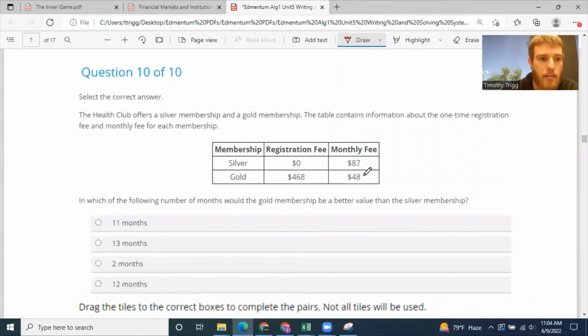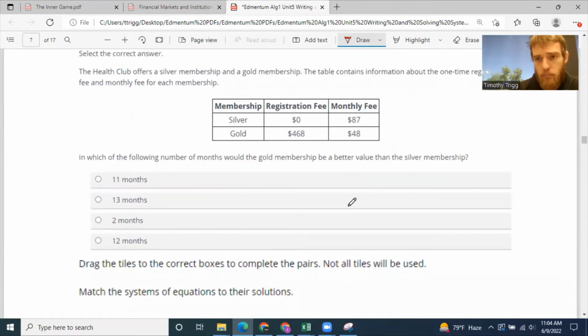Last question on the practice. The health club offers a silver membership and a gold membership. The table contains information about the one-time registration fee and monthly fee for each membership. Going to this information here, the silver membership has a 0 registration fee, you don't have to pay any registration, but it still has a monthly fee of $87.